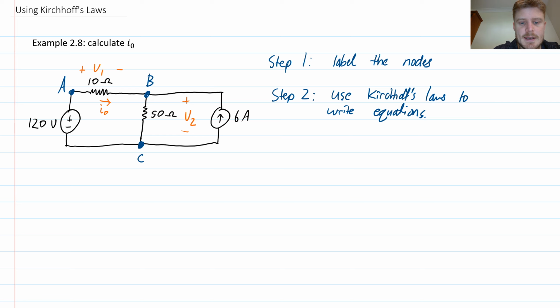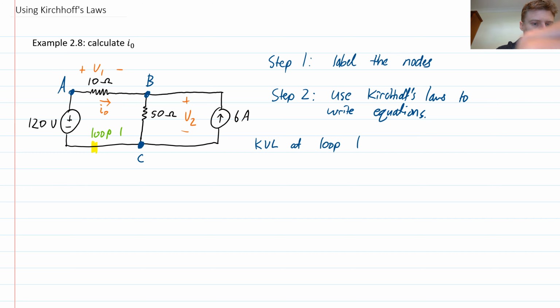So for instance, I can do Kirchhoff's voltage law at loop 1. Loop 1 is this one. I'll start at the bottom side, which is an arbitrary choice, and go around in a clockwise direction.